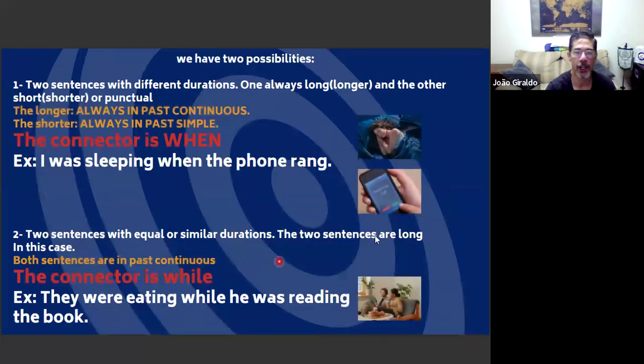Continuing the explanation here. Now, attention here. This is the important part. We have two possibilities. Okay? So, two sentences with different durations, like my example. One, always long or longer duration, okay? And the other, short or shorter duration or punctual action.